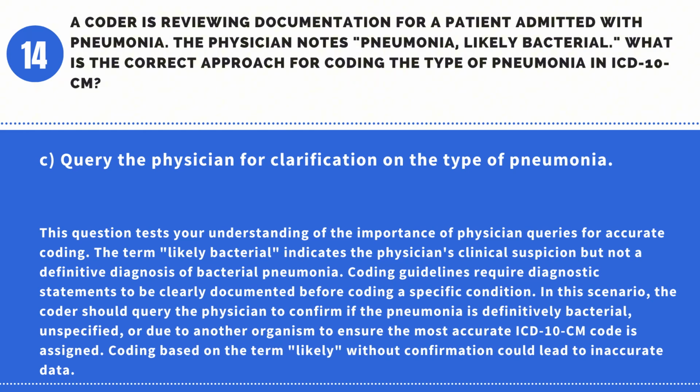In this scenario, the coder should query the physician to confirm if the pneumonia is definitively bacterial, unspecified, or due to another organism to ensure the most accurate ICD-10-CM code is assigned. Coding based on the term likely without confirmation could lead to inaccurate data.